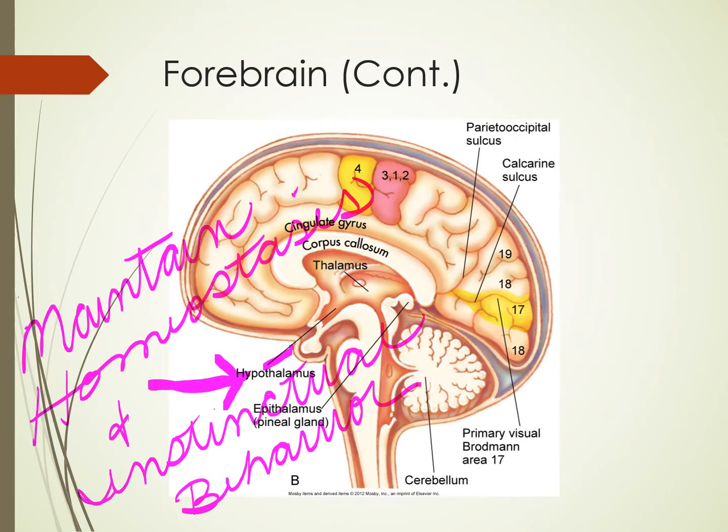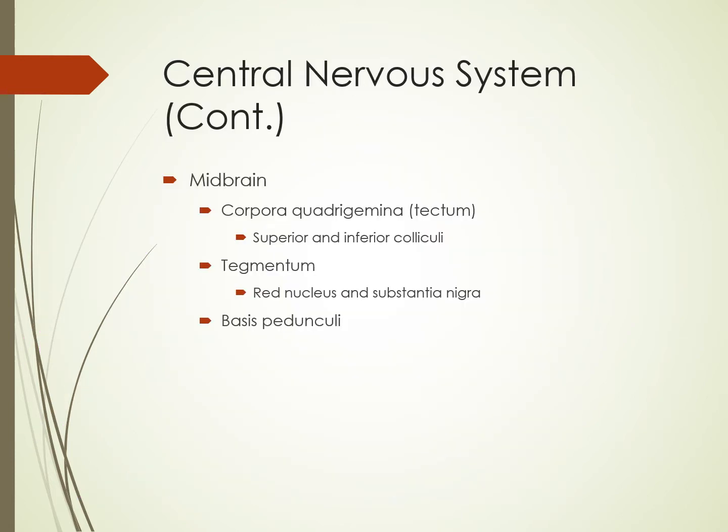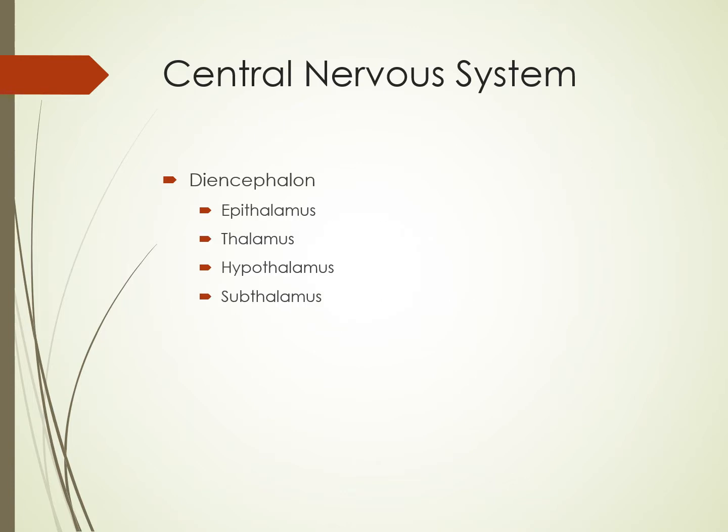And you can see here that I've listed that it maintains homeostasis and instinctual behavior. And the midbrain consists of these three segments. Whoops, missed one. Diencephalon has these four.